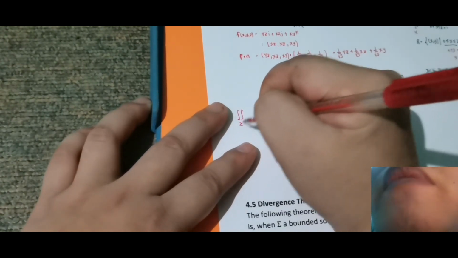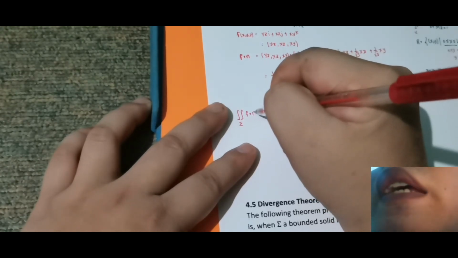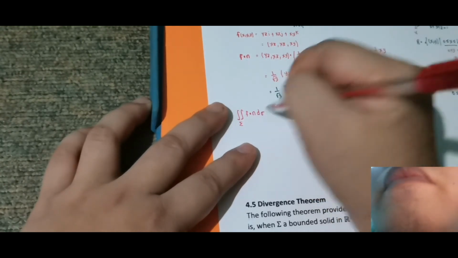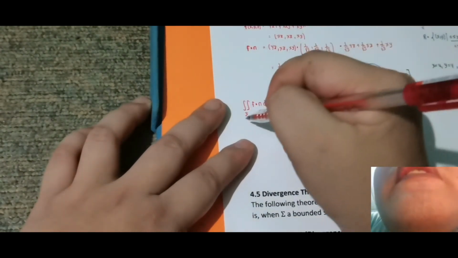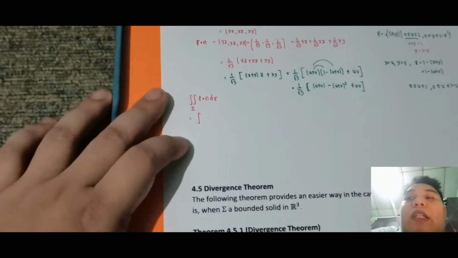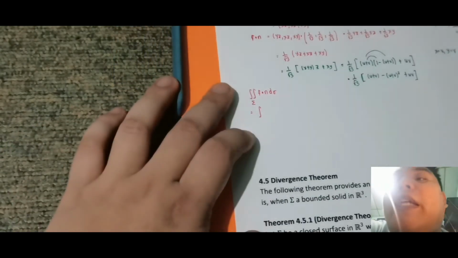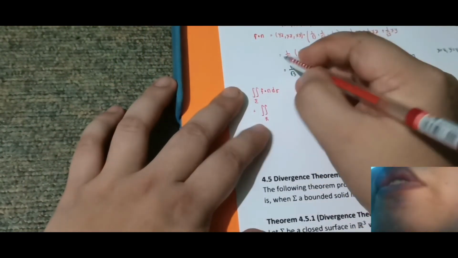So this is just the double integral along the sigma of f dot n d sigma. Okay, so this is just equal lang naman sa ating the double integral along the region na. So magbabago na tayo ng region, no? So the double integral along the region R. Tapos ano yung formula natin?